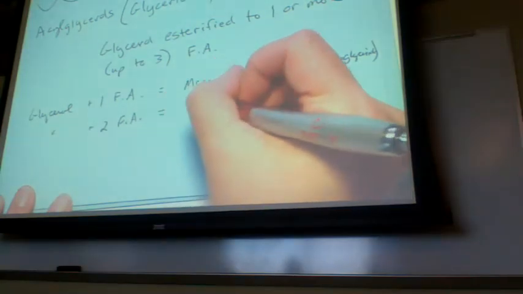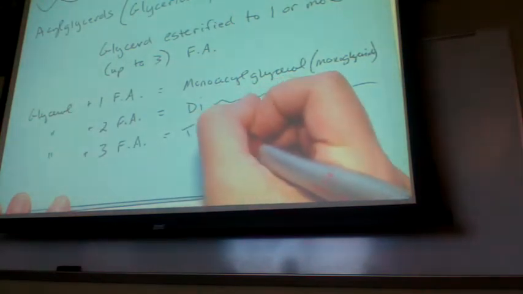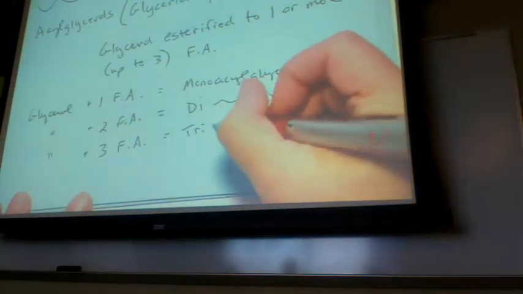Glycerol plus two fatty acids is a diacylglycerol, a diglyceride. And glycerol plus three fatty acids is a triacylglycerol or a triglyceride.